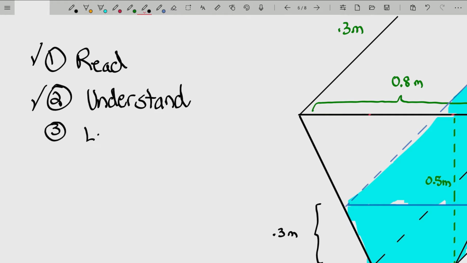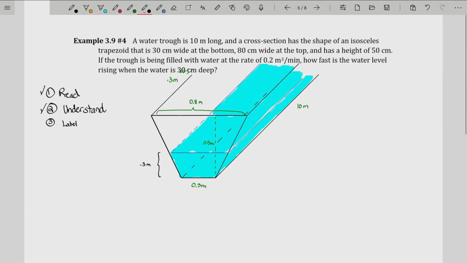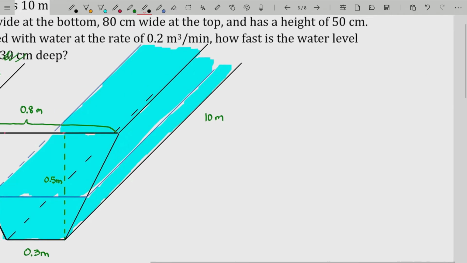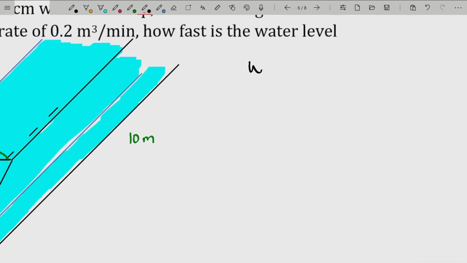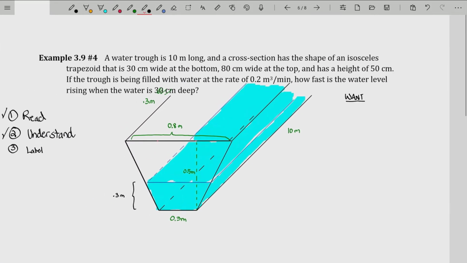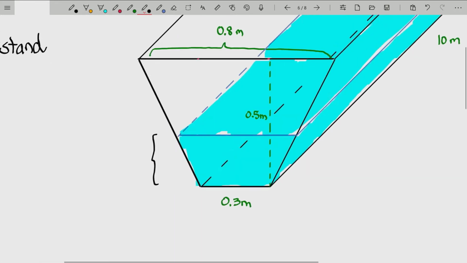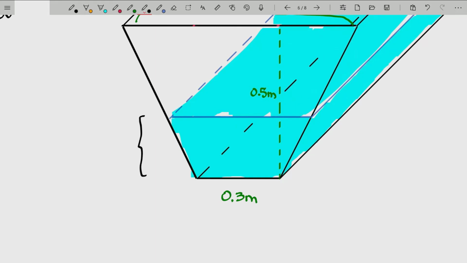So we're going to label things here. To label things, it's probably easier to label what we want, so I'm going to state what we want first. What do we want? How fast is the water level rising when the water is 0.3 meters deep? Okay, so I'm going to call the depth of the water, I don't want to use D again.